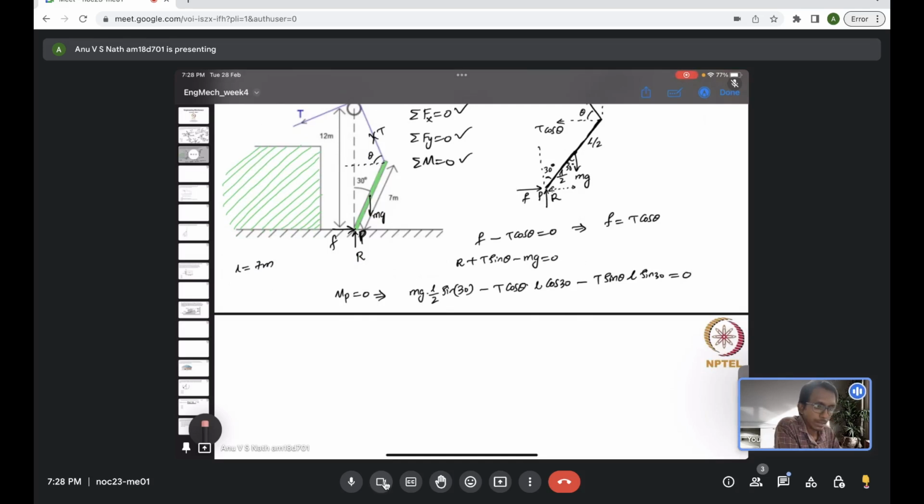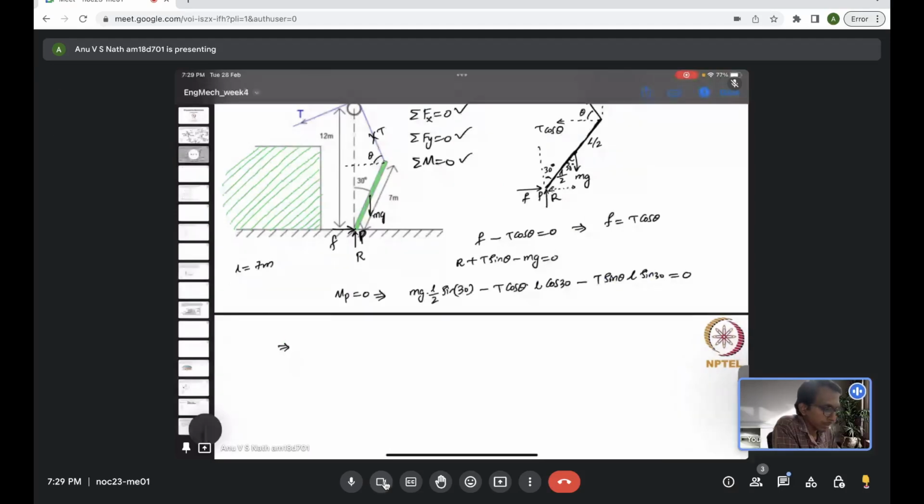If that is clear, then we can rearrange the last equation, the moment equation, because the only unknown in the last equation is T, the tension in the string, and all other quantities are given.